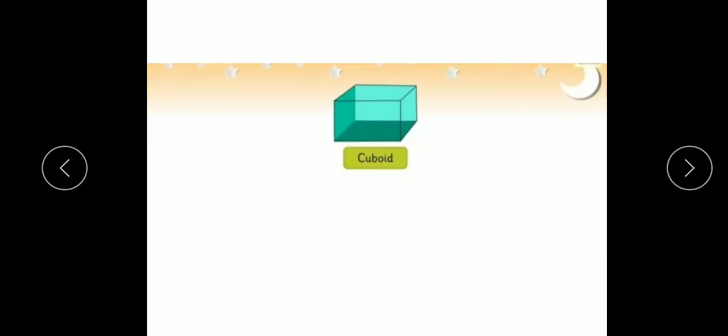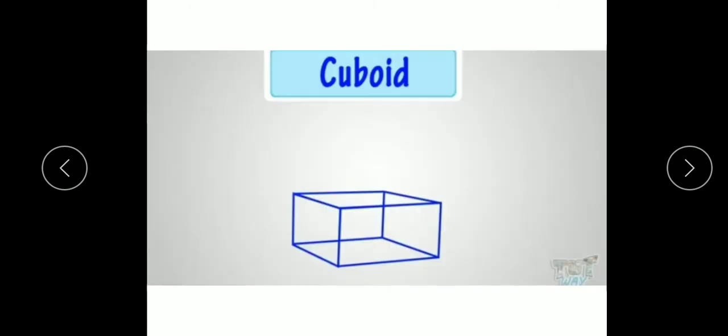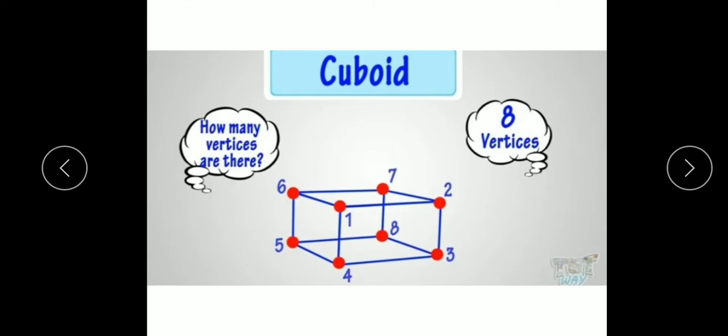Now let's move on. Children, this is your cuboid. This is also a solid figure, right? These are some examples of a cuboid, like your bus, your tiffin box, your fish tank. Now let's count the number of vertices.